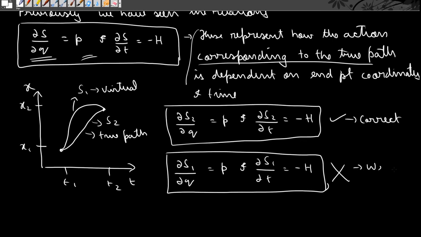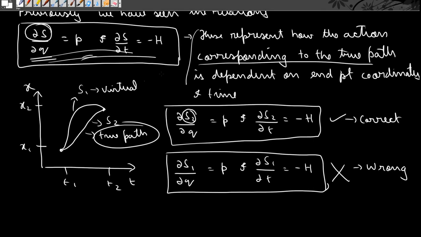Why? Because when we derived these equations, we derived them by varying S about the true path, not any random path. So this relation is valid only when you consider S corresponding to the true path.